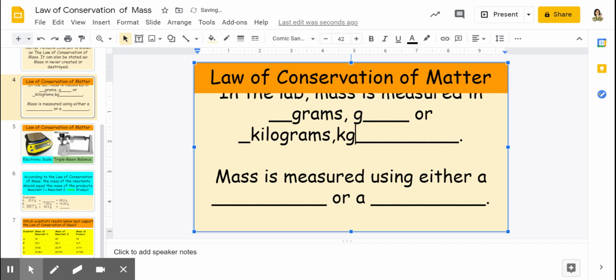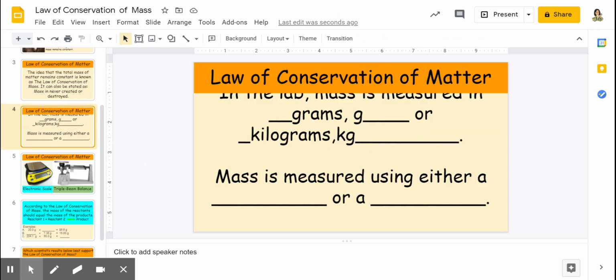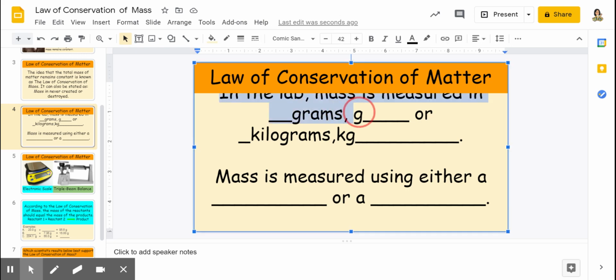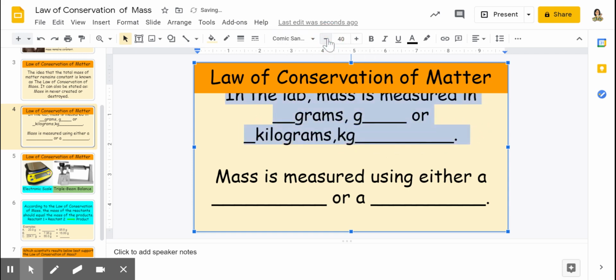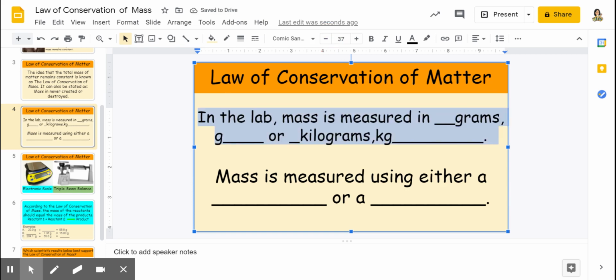Let me just adjust this so that you can see them all. I'll change the size of that one so you can see it. Okay, there you go. In the lab, in grams, g.